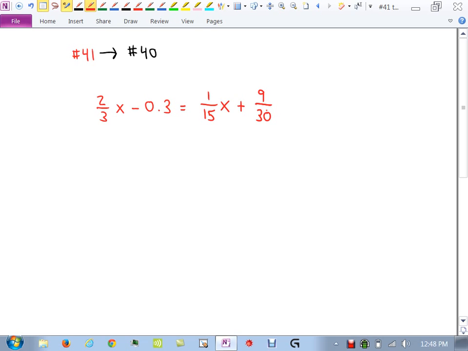Well, the first thing I look for is grouping symbols, which I don't have. Now I have decimals and fractions. So which one do you do first? It actually turns out it doesn't matter. You can do either one first. For us, though, in this problem, I think that the fractions will work out better than if we try and do decimals. Because if we try and do the decimal, that 0.3, I just move it over one spot.